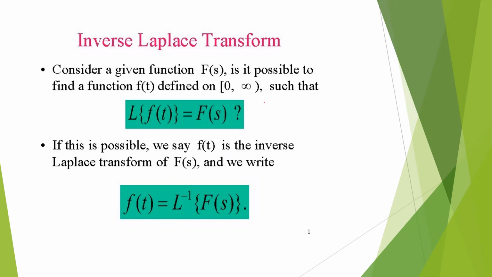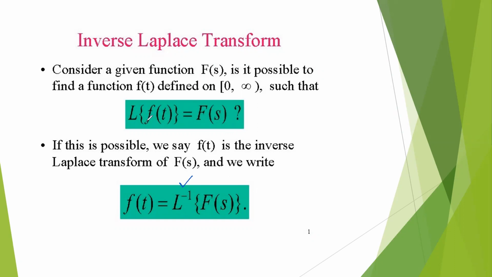Usually, the Laplace transform of f of t is denoted as f bar of s, otherwise capital F of s. Now we denote the inverse Laplace as L inverse of F of s, otherwise f bar of s, any one notation.